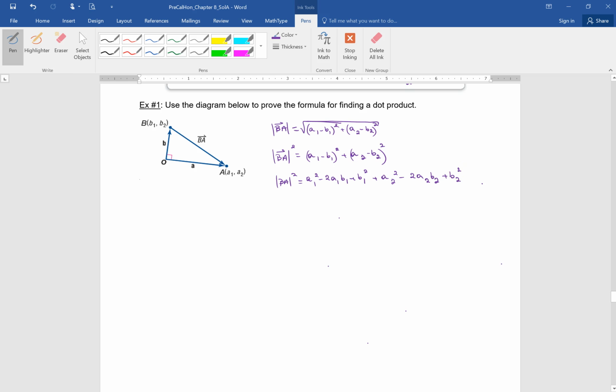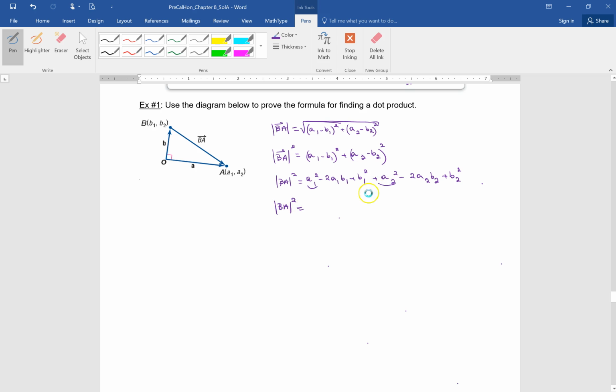Yeah? Yes. Yes? Does that say B1 plus B1 squared? Why not? Oh, can you factor? No. Okay, now, what do we have here? Let's just regroup things, because we like doing that.